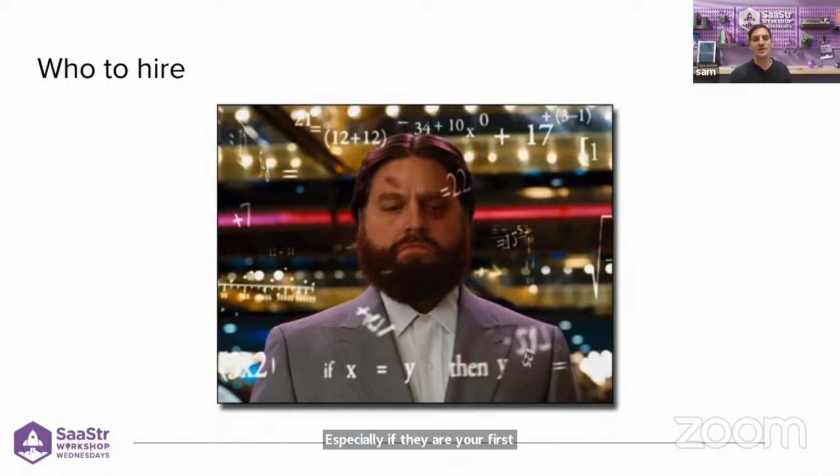Okay, regardless of whether you hire a leader or an SDR, I think that there are a couple things to solve for in who you hire as your first SDRs. The first one: SDRs are entry-level salespeople, but some are more experienced than others.